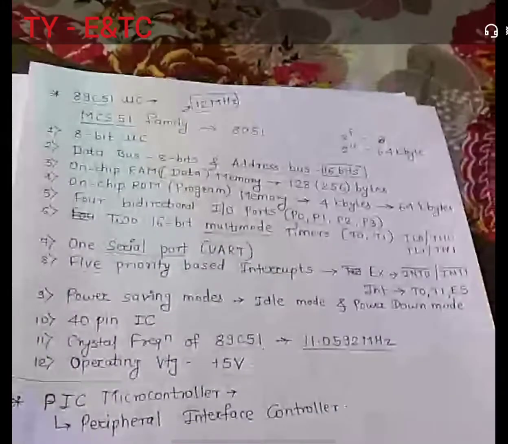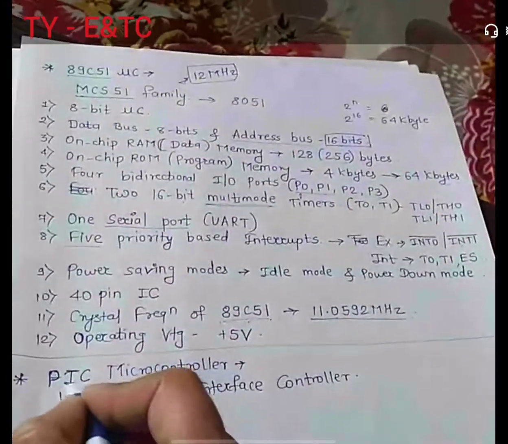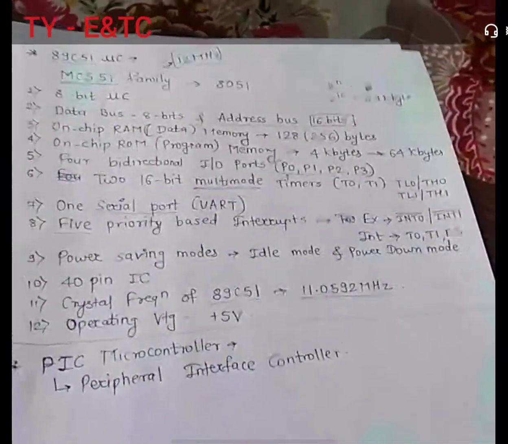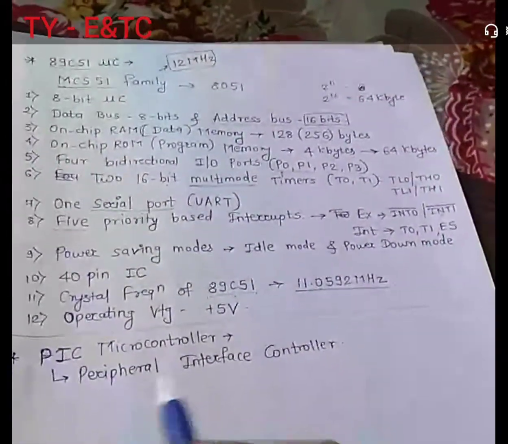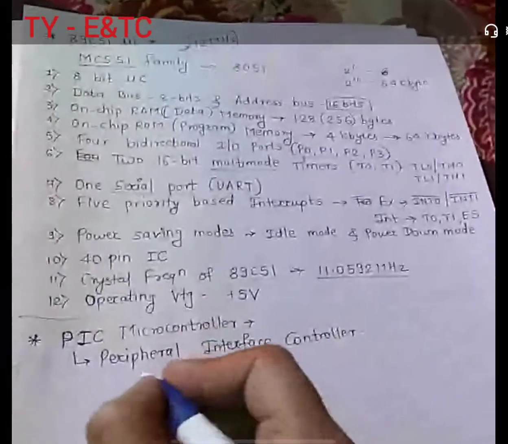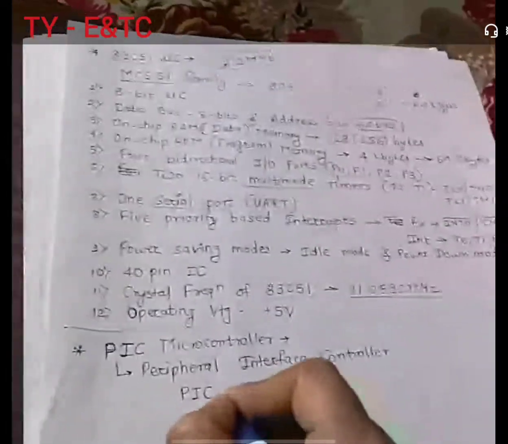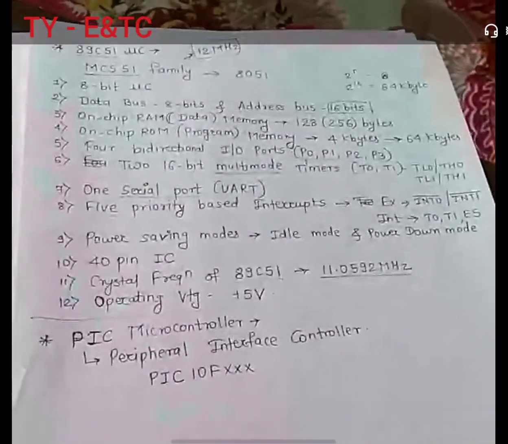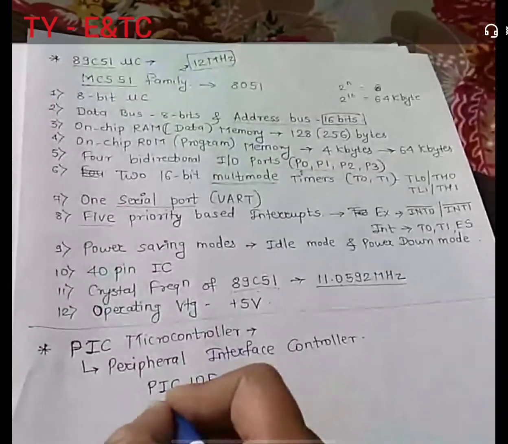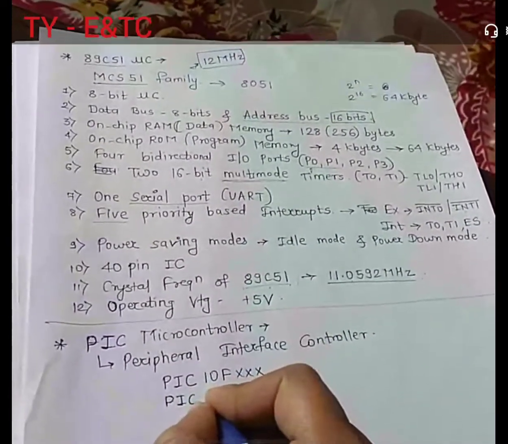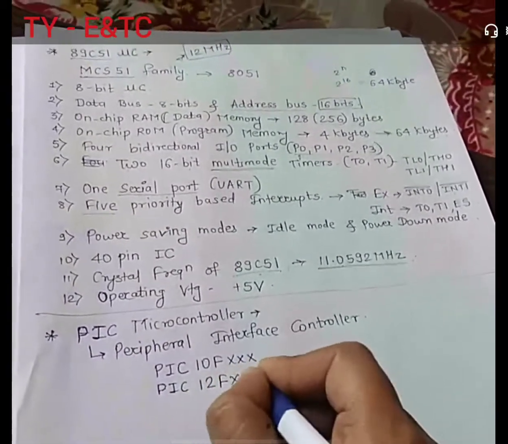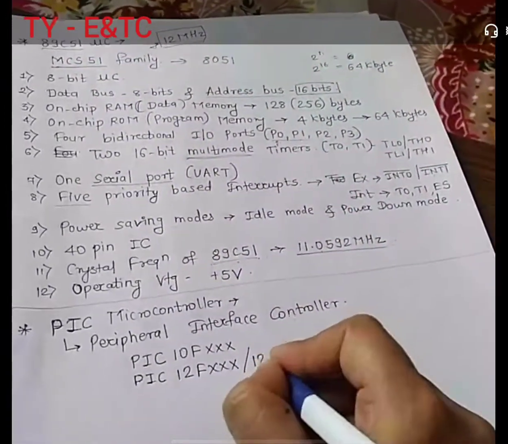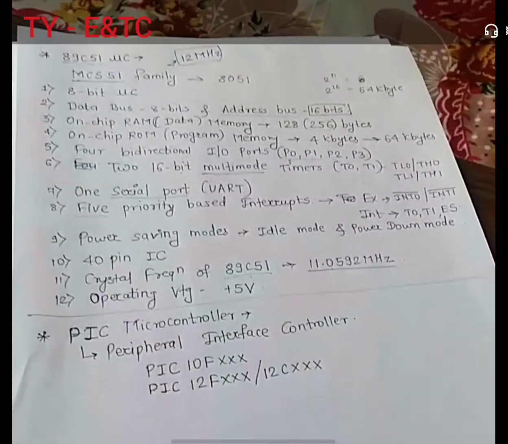Now, if you search on the internet for the different versions of these PIC microcontrollers, I can name some of those. In the market we have PIC 10FXXX, then PIC 12FXXX, or sometimes 12CXXX microcontroller.